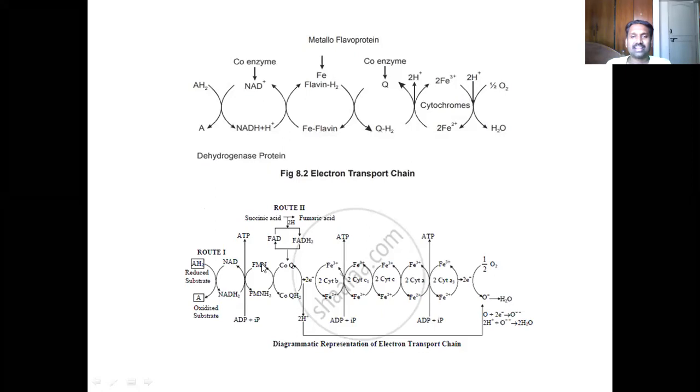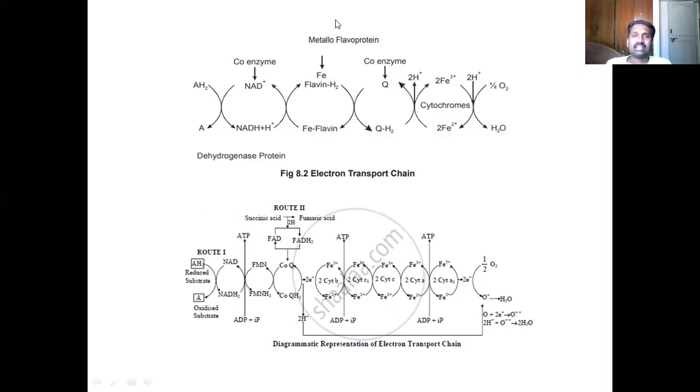Similarly, coenzyme Q accepts electrons, becomes QH2, but it releases electrons and goes back to Q. So no other molecule is oxidized or reduced except NADH. Instead of directly giving electrons to oxygen, it has given them to oxygen through carriers, through transporters. Do you understand? That's the working of ETC.